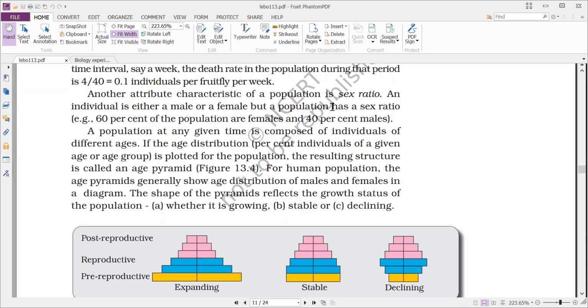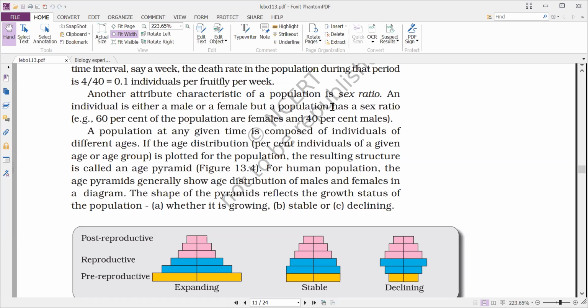If the percent of individuals of a given age group is plotted for the population, the resulting structure is called an age pyramid. By taking the percent of different age groups of a population and plotting a graph, it looks like a pyramid. That's why it is called an age pyramid.